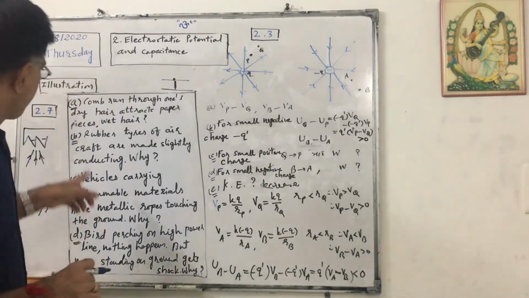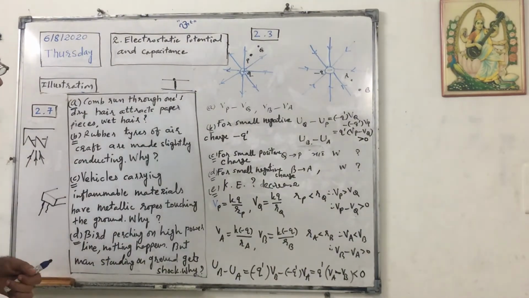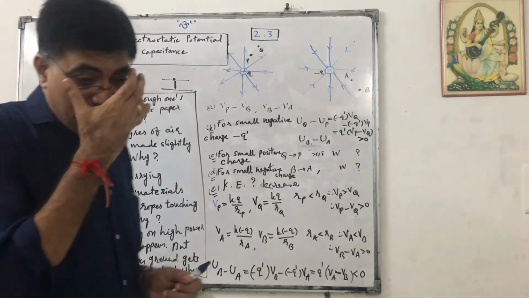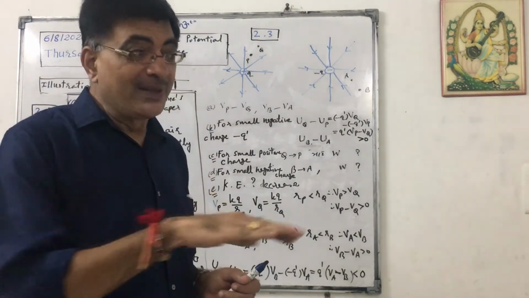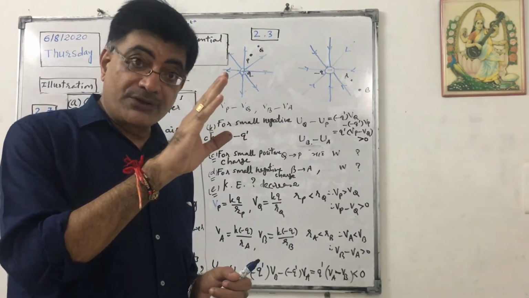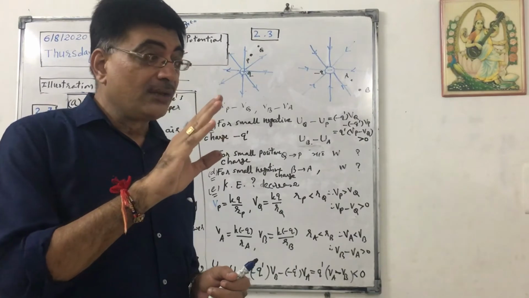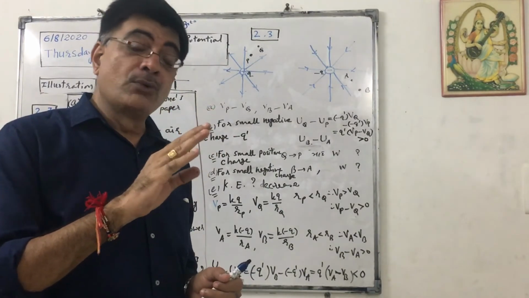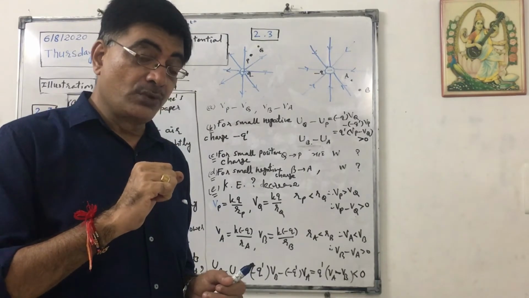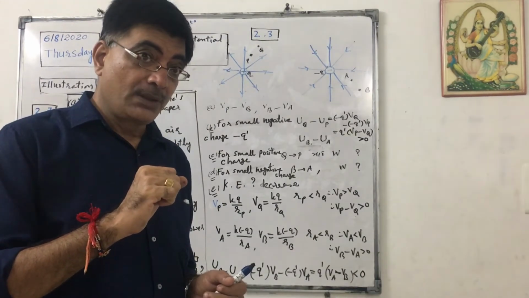Okay. Next, rubber tires of aircraft are made slightly conducting. Why? Because see, when aircraft starts moving, okay, its speed at the time of takeoff is from more than 200 kilometers per hour to 200 kilometers per hour, okay.